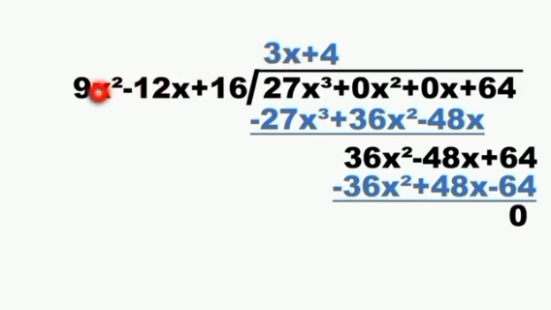And this 3x is multiplied to each term of the divisor, and subtract by changing the sign of the subtrahend, and then bring down the last term. Then divide 36x squared by 9x squared, the answer is 4, and this 4 again is multiplied to each term of the divisor, and the answer goes below, and subtract.